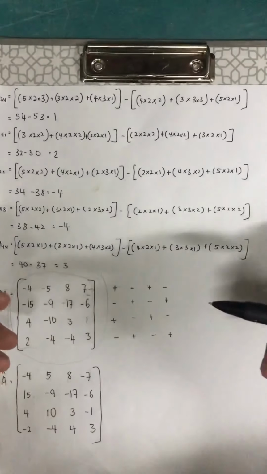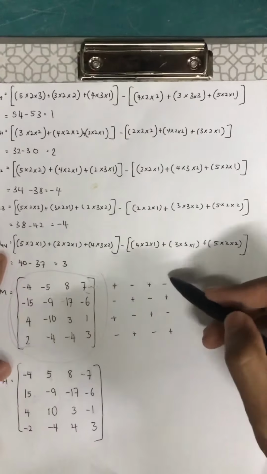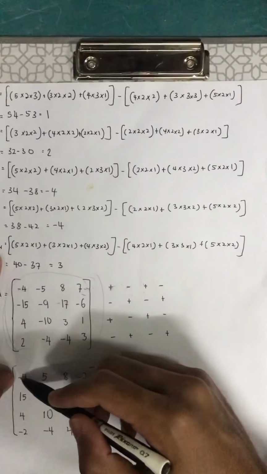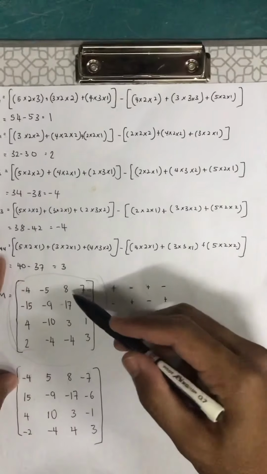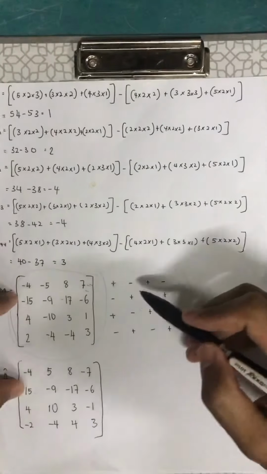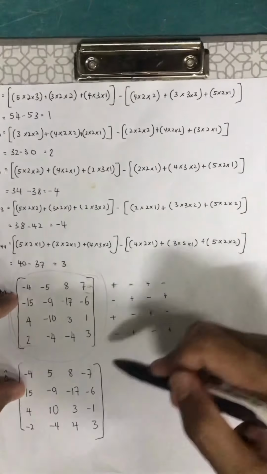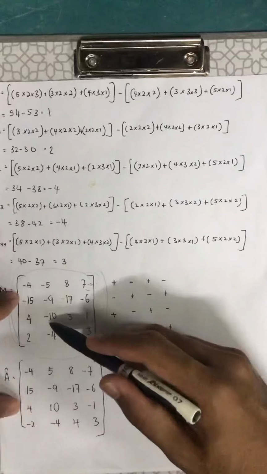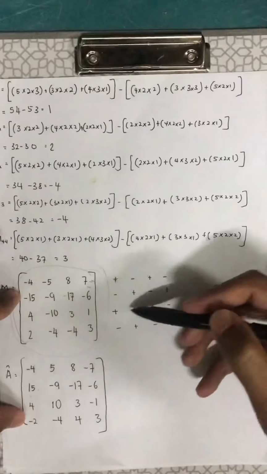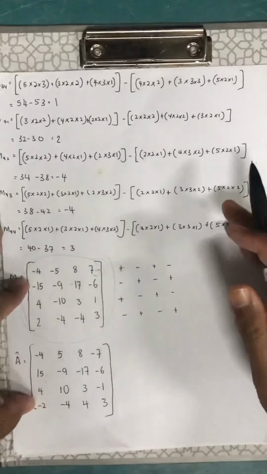So as we all know, to find the cofactor from the minor, we have to use this positive, negative, and then so if -4, positive, we still get -4, -5, negative, we got 5, 8, positive, we got 8, 7, negative, we got -7, -15, negative, we got 15, -9, positive, we got -9, 17, negative, we got -17, -6, positive, we got -6, 4, positive, we got 4, -10, negative, we got 10, 3, positive, we got 3, 1, negative, we got -1, 2, negative, we got -2, -4, positive, we got -4, -4, negative, we got 4, and finally 3, positive, we still got 3, and that is for the cofactor.